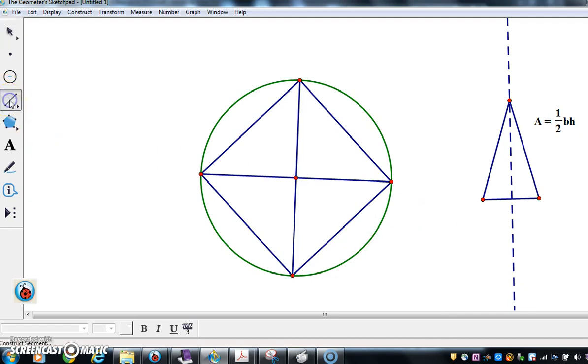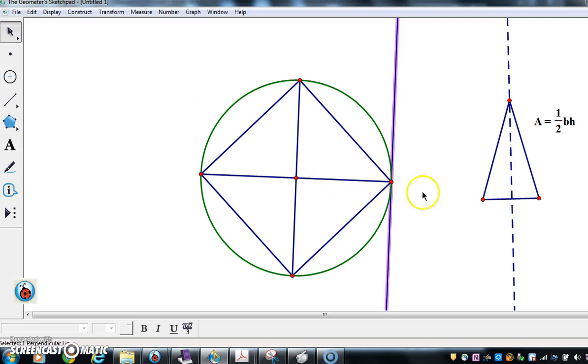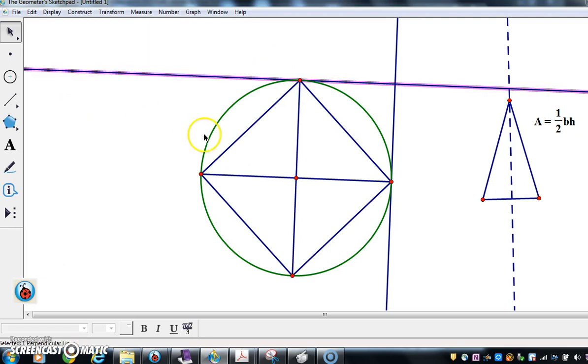So to do a circumscribed square, I'm going to construct a tangent to the circle. So I'm going to construct a perpendicular line to this radius. Then I'm going to construct a perpendicular line to this one at that intersection point. I'm going to do that all the way around the circle.